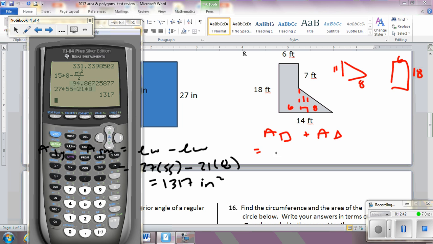So the area of the rectangle is base times height, or length times width. For the triangle, it's base times height over 2. So my rectangle, that would be 6 times 18.